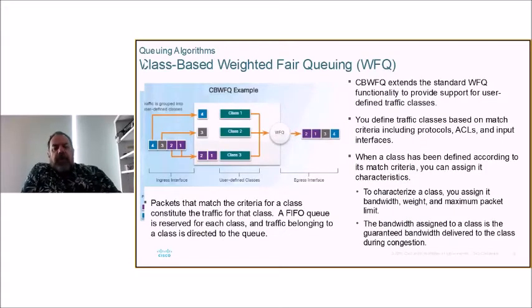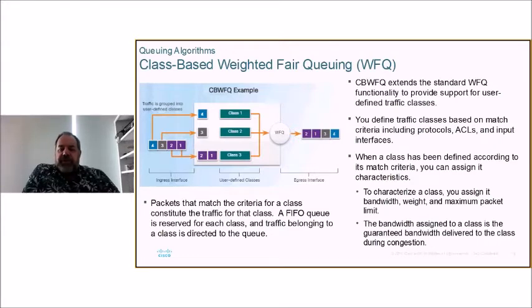No. Then there's CBWFQ. Class-based WFQ extends the standard WFQ functionality to provide support for user-defined traffic classes. You define traffic classes based on match criteria, including protocols, ACLs, and input interfaces. When a class has been defined according to its match criteria, you can assign it characteristics.